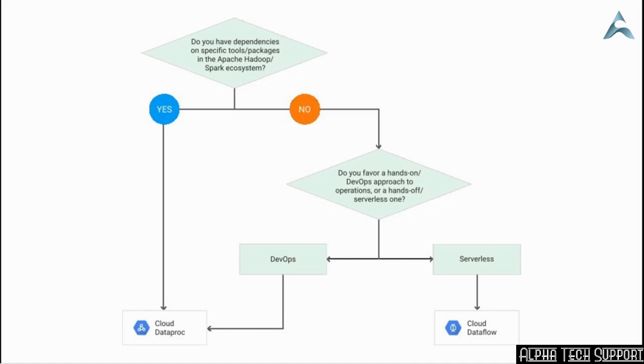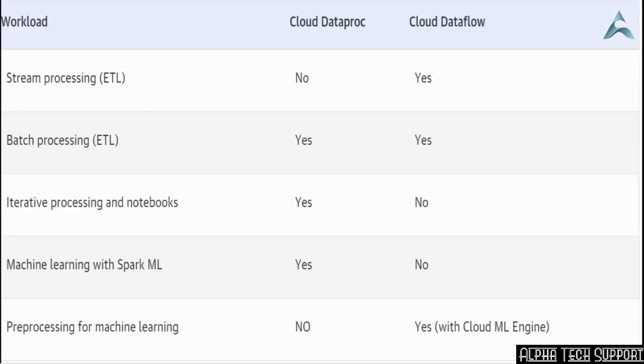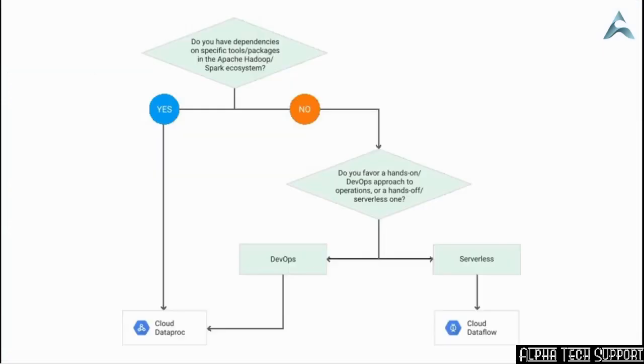Dataflow has less overhead as compared to Dataproc and requires less DevOps activity, so it is more preferable for a greenfield project. This table here represents some of the workload types and which solution can be used for the particular workload type. Like for iterative mode workloads or some Spark ML based machine learning models, the Cloud Dataproc option is more suitable as compared to Dataflow.